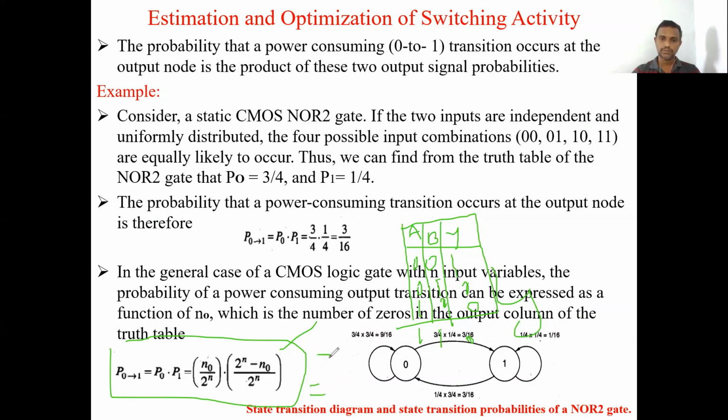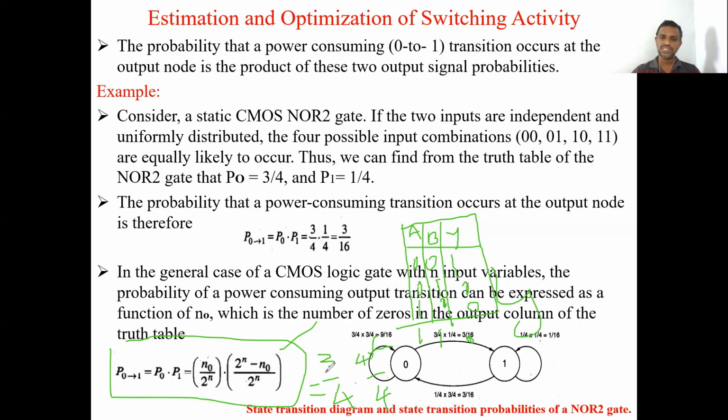3 by 2 power n, which is 2 power 2, that is 4, multiplied with (2 power n minus n naught) by 2 power n. 2 power 2 is 4, minus n naught, the number of zeros, which is 3, that is 1, by 4.